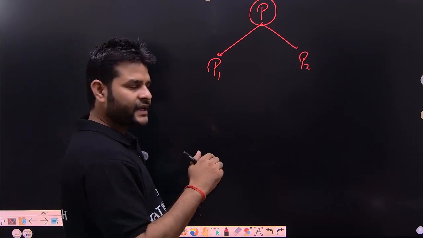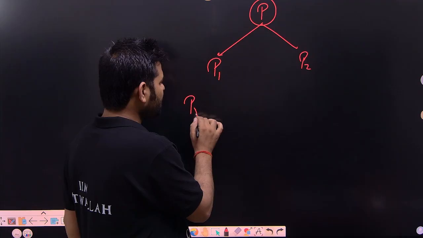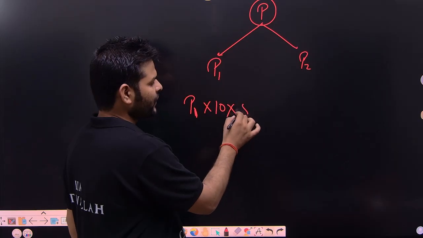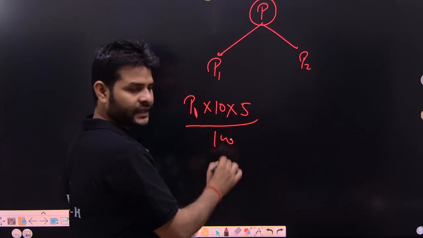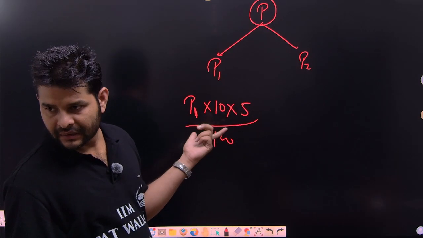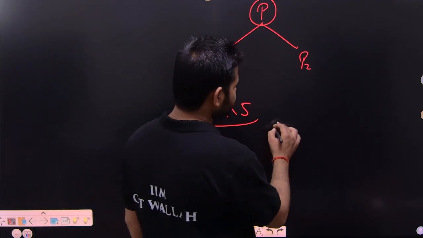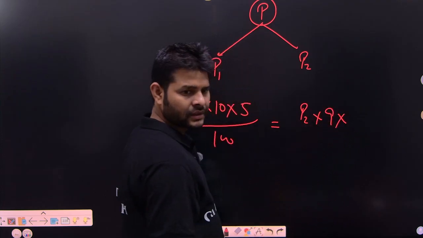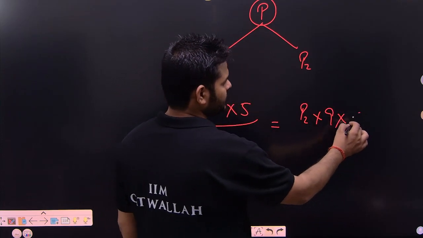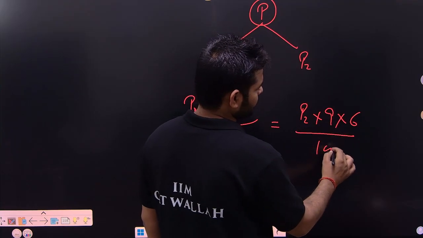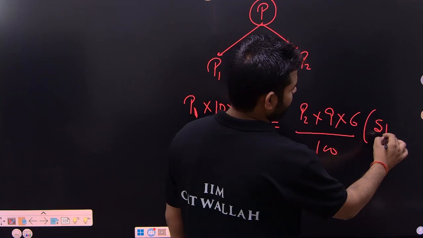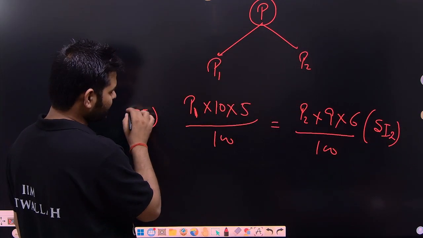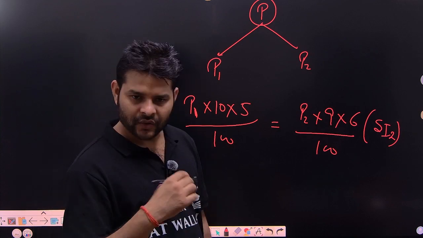So the first part is given at 10% rate for 5 years. This is simple interest on P1, and P2 is given at 9% rate for 6 years. This is SI2 and this is SI1, and SI1 and SI2 are both equal.